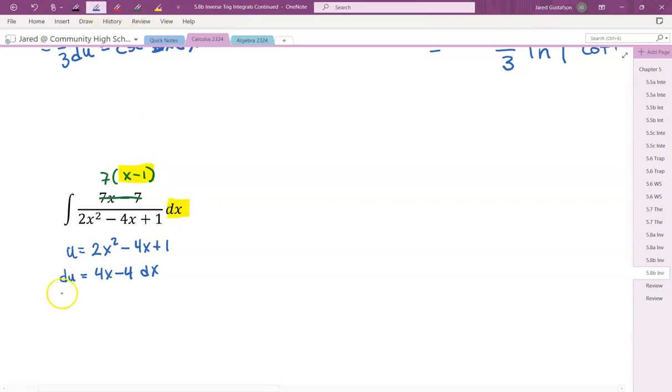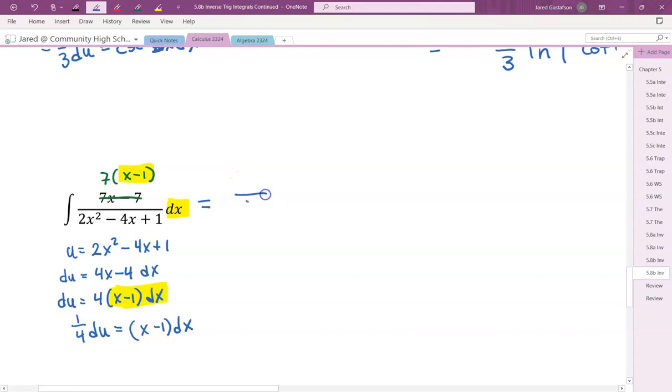So we could think about this du being 4 times x minus 1 dx. So we have the thing that we're going to replace. It looks like u sub is going to work out. We can take 1/4 du and replace our x minus 1 dx. So everything that was highlighted is going to become 1/4 du.